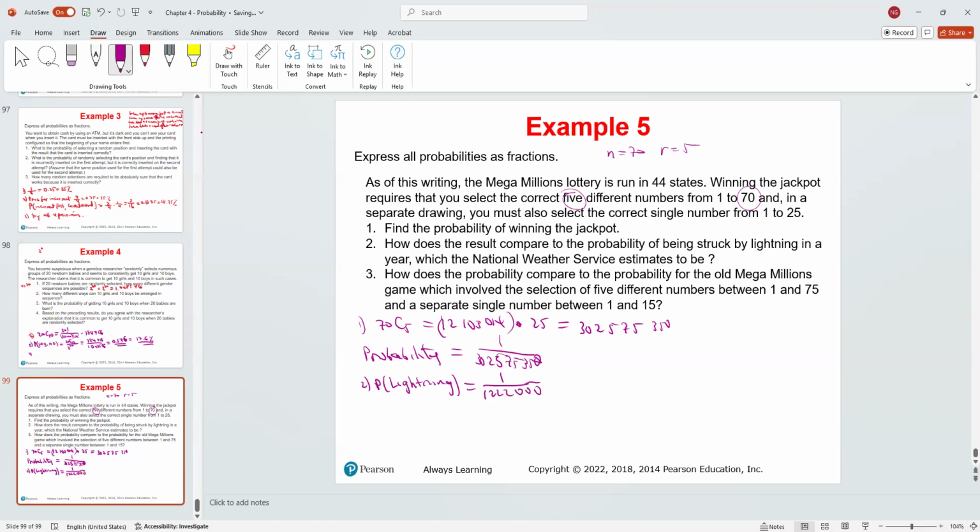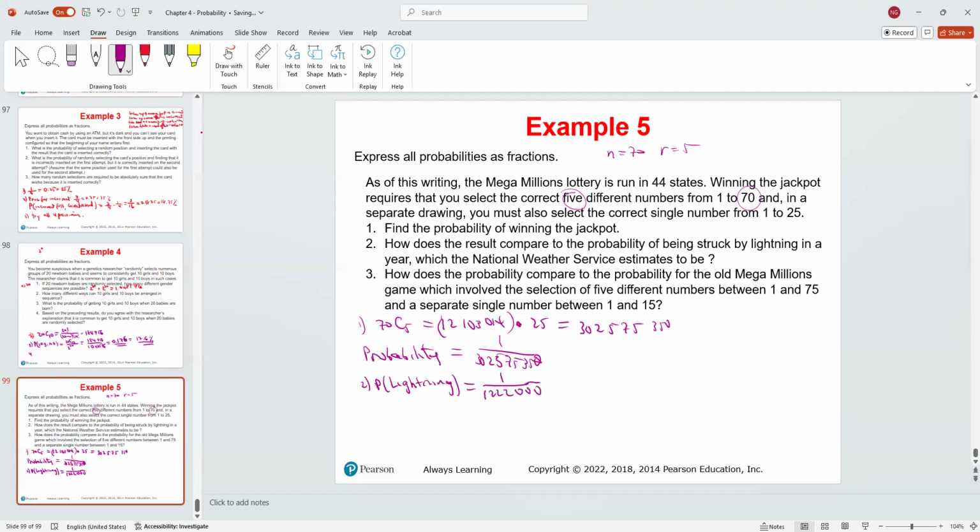Look at that. Compare these two. How does the result compare to the probability of being struck by lightning in a year? I think it's much closer, right?